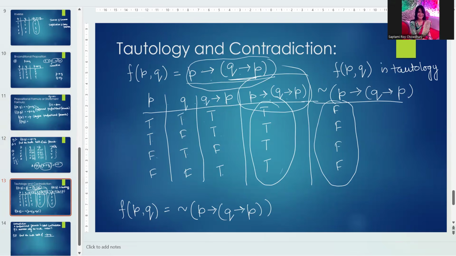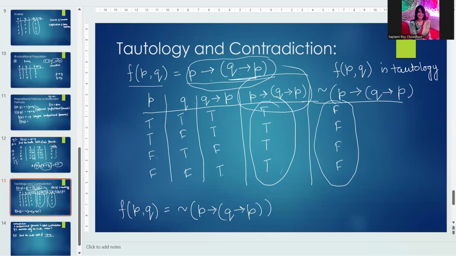Now, tautology and contradiction. What is called a tautology and a contradiction? Suppose you are given a propositional formula like that. Next, we will find out the truth table. If in the last column you are getting all true values, this is called a tautology.